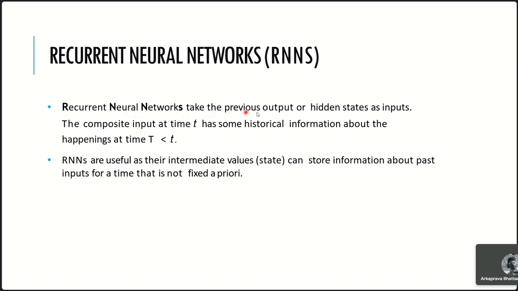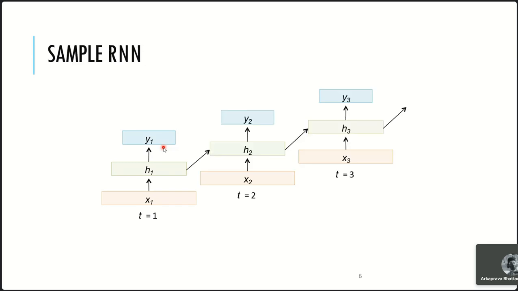RNN neural networks take the previous output, which was H0 to H1, H1 to H2, H2 to H3, etc. And the composite input at time t has some historical information, and RNNs use intermediate values. We'll deal with this when we talk about LSTMs in particular. Okay. So the first point is clear, I hope so.